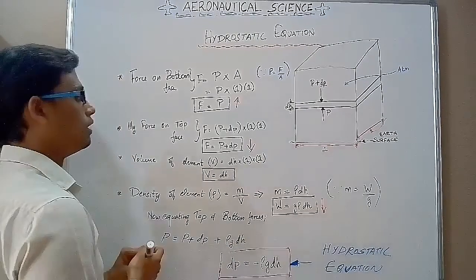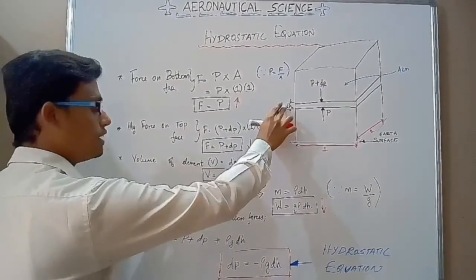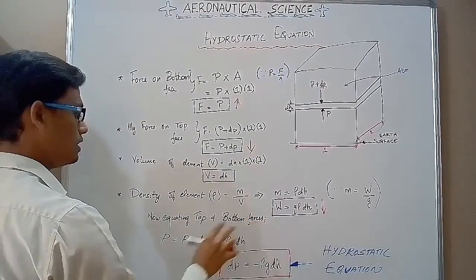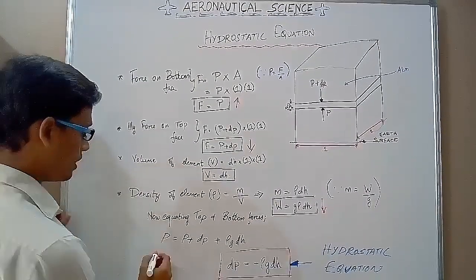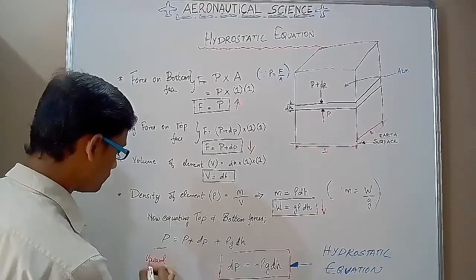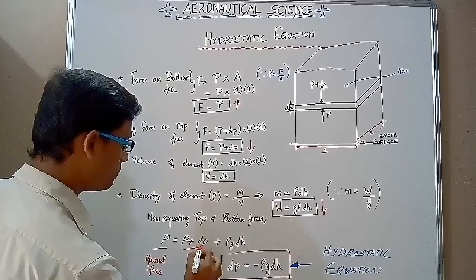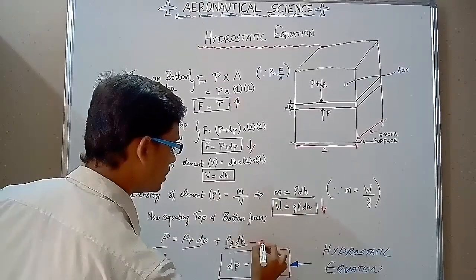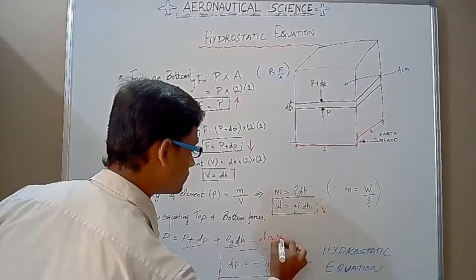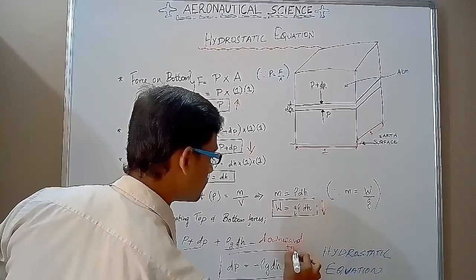Now, equating the downward force and the upward force on this stationary element, where P is the upward force, and P plus dp and rho g dh are the downward acting forces.